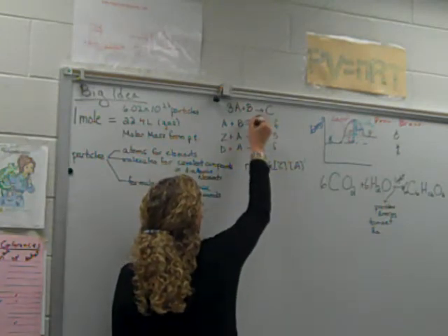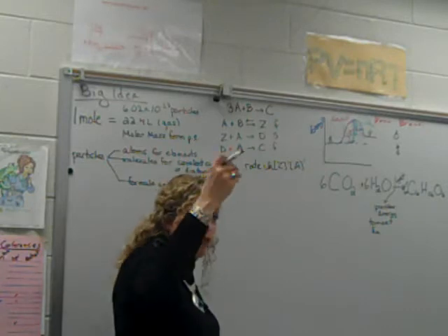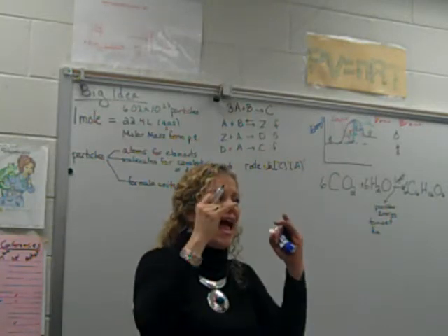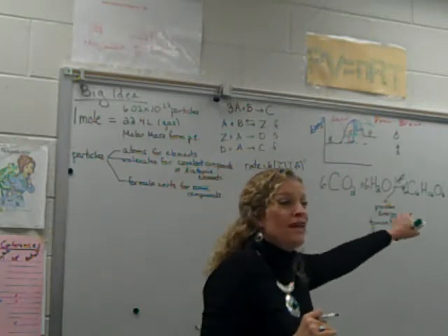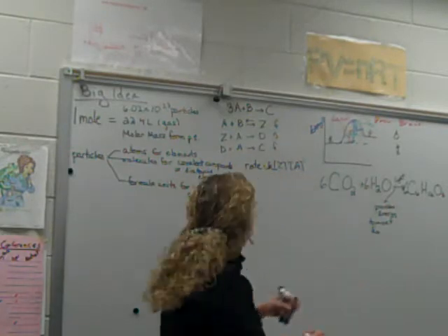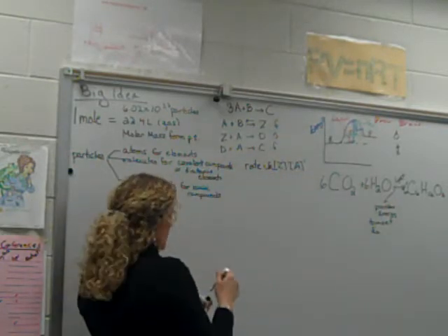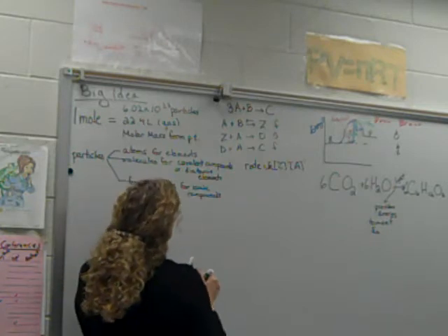Remember we said that, in fact, there were a couple of times where it said fast and reversible. Do you remember that? This is what they were talking about. We take Z and reverse it to A to the first, B to the first. Exactly.